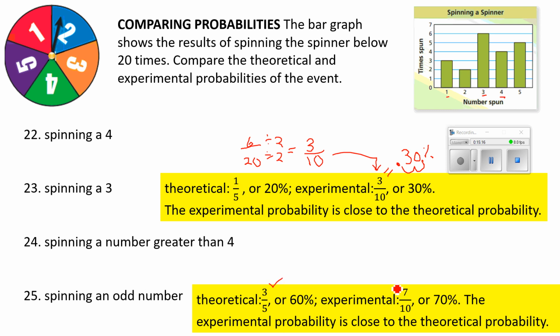And then the experimental is 14 out of 20. And again, we could divide both the numerator and denominator by 2. And that's going to equal 7 over 10. Did we have to do that? No. Because 14 divided by 20 is still 0.7. And then you'd move the decimal over twice, that'd be 70%.